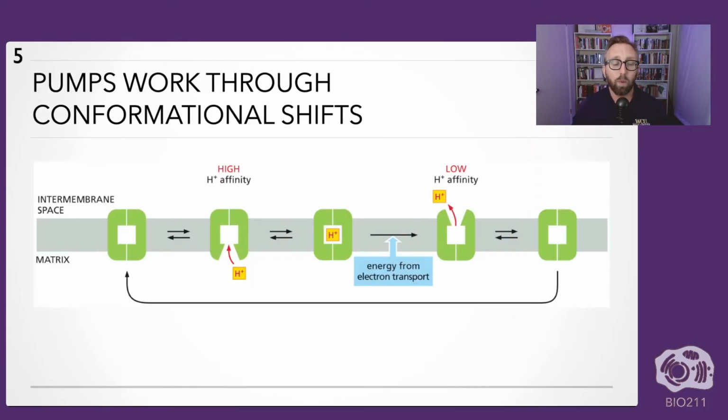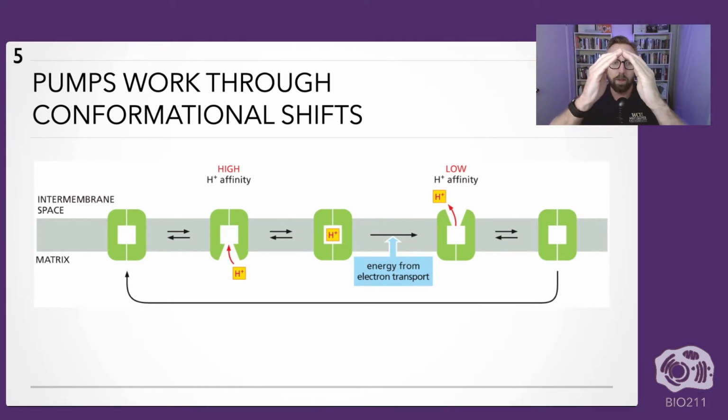And these pumps work through conformational shifts. So we've talked about transmembrane proteins that have to flip around. And so the way that this one works is these proton pumps exist in several states. So one, the closed state all the way on the right over there. So they exist in this state.